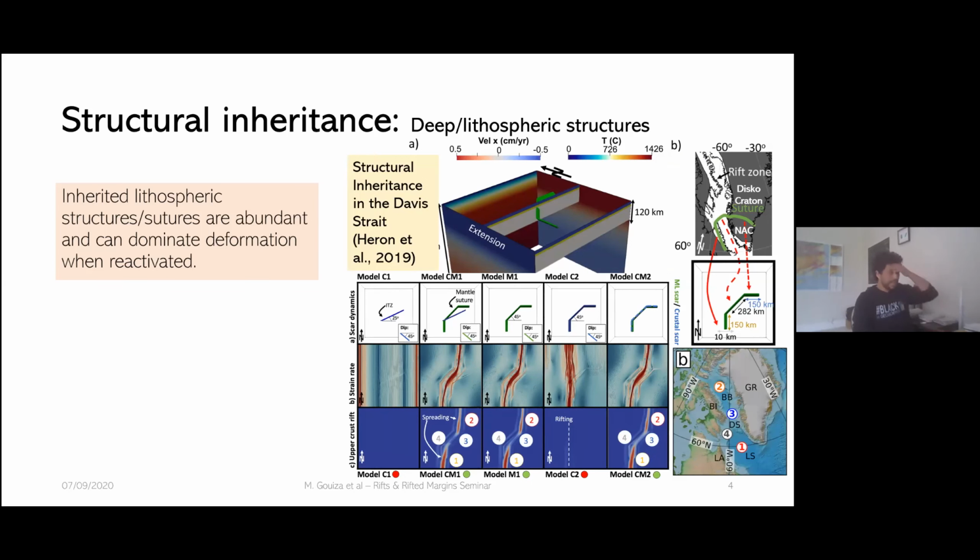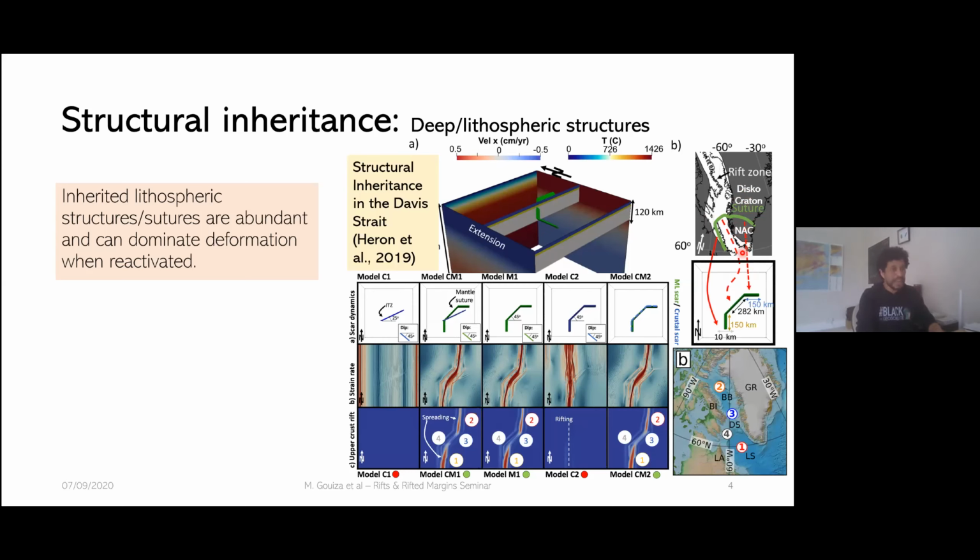This is a really nice example from the Labrador and Baffin Bay area, where you have the Davis Strait between the Labrador Rift and the Baffin Bay Rift, which reactivated the suture zone between two major cratons. We have the North American craton and the Disco craton to the north.